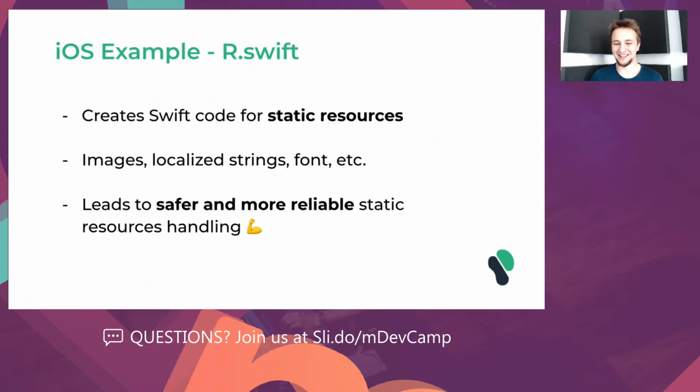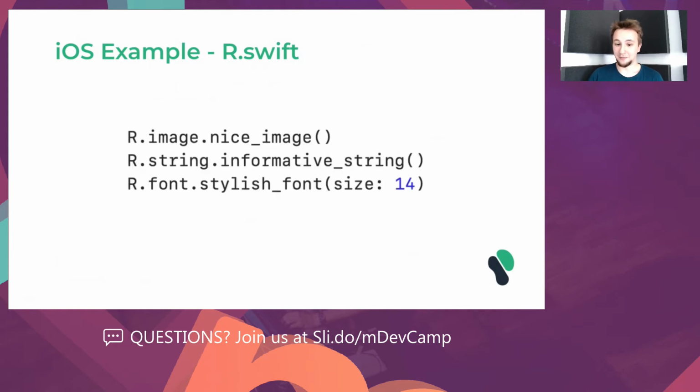It's analysis and code generation that makes this possible. Every static resource can be handled like this when using the tool. And Android developers probably see where the inspiration came from. So thank you, Android world, for being such a nice inspiration for the iOS world, and of course, vice versa.